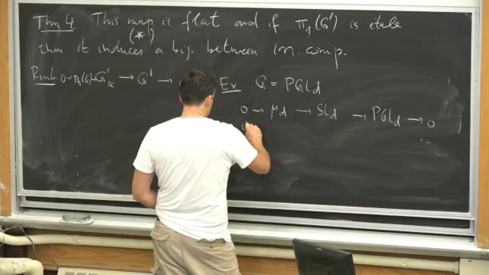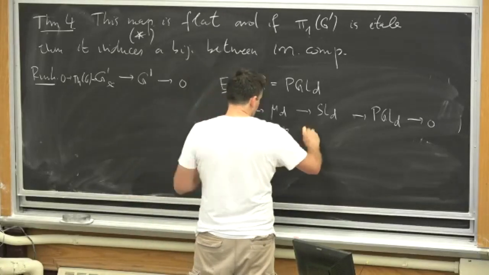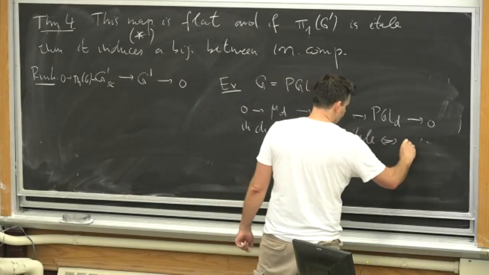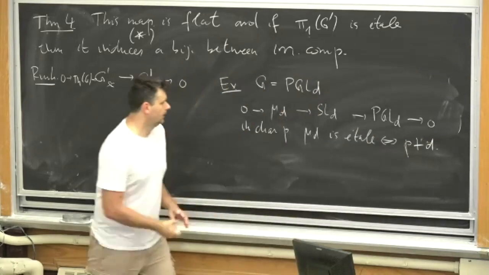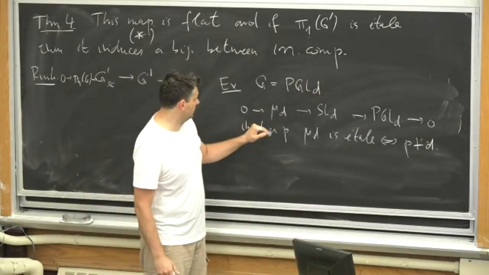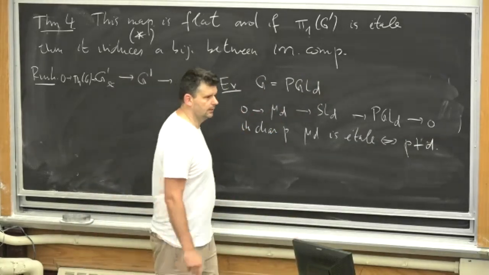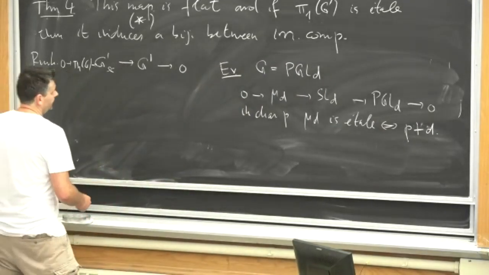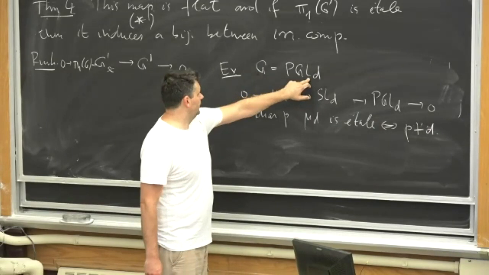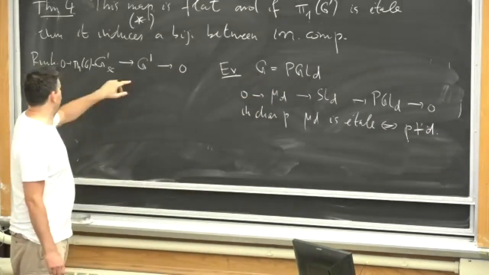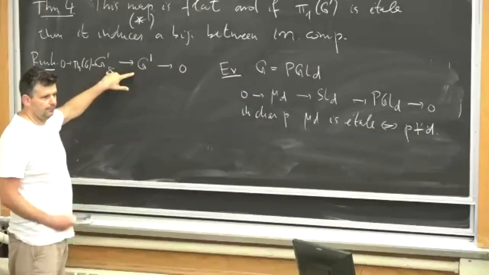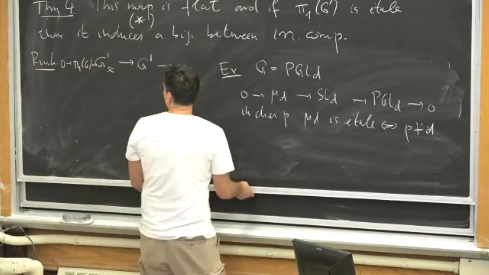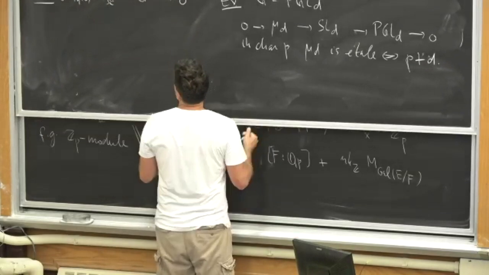In characteristic P, mu_D is étale if and only if P does not divide D. In characteristic 0, mu_D would always be étale. If G was something like GL_D, then G prime and the simply connected cover would be the same thing, so this would be trivial, so this would be étale. Right.